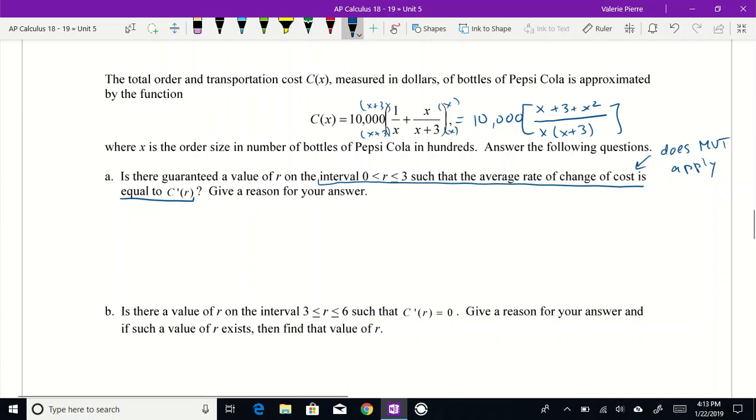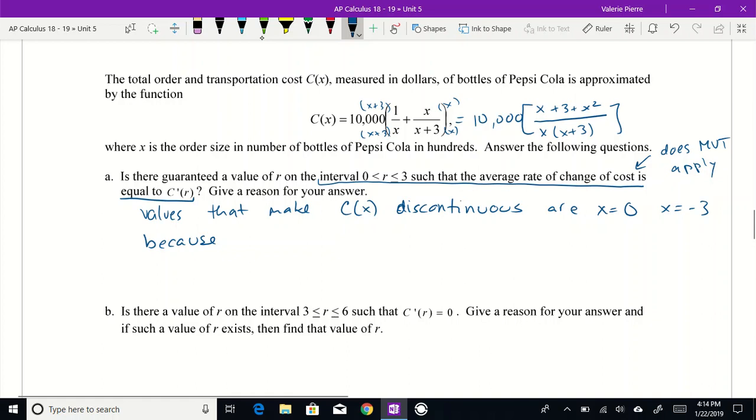So first thing we want to know is, is the function continuous on this closed interval? The values that would make this function discontinuous are x equals 0 and x equals -3, because the denominator will equal 0.